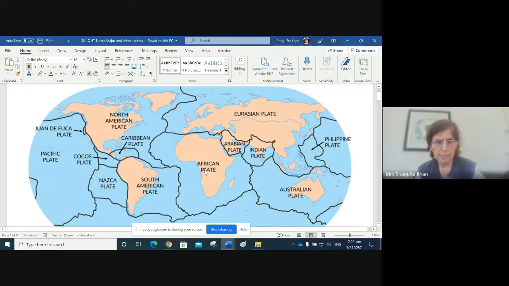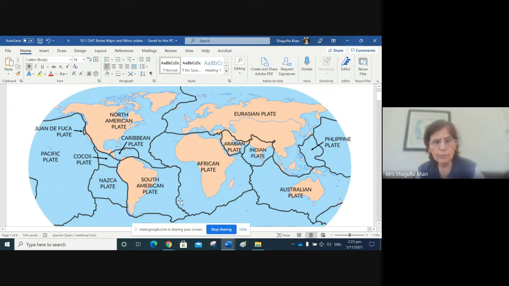Now those land animals are extinct, and they could not have traveled from here to there. So how do we find the fossils of similar animals over here and over here? That means that these continents were once together, and they have drifted from each other, and that's the breaking point.